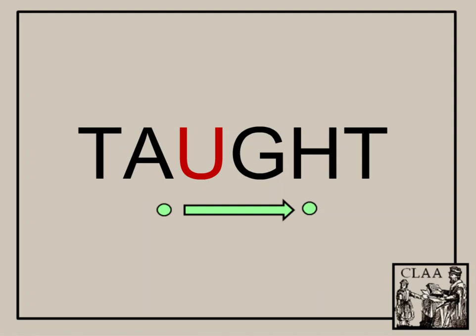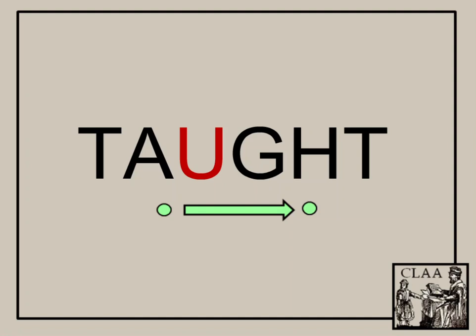In this word, we find the same letters, A, U, G, and H. If we read this word the same way we read laugh, this word would be taft, taft. But that would be totally wrong.